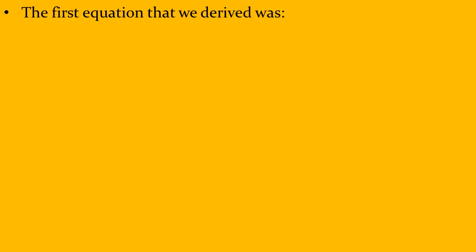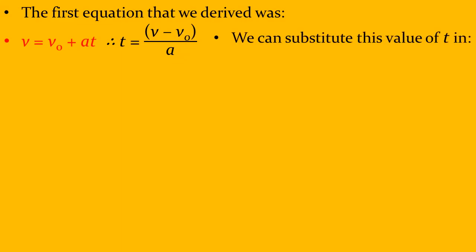The first equation that we derived was v is equal to v naught plus at. By rearranging this equation, I can get t equal to v minus v naught by a. We can substitute this value of t in the equation x is equal to v plus v0 by 2 into t.